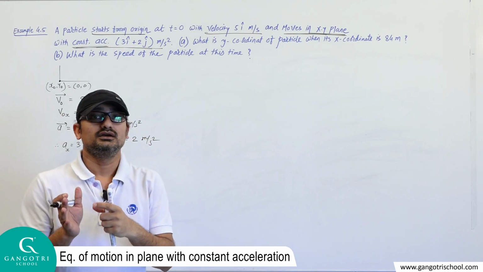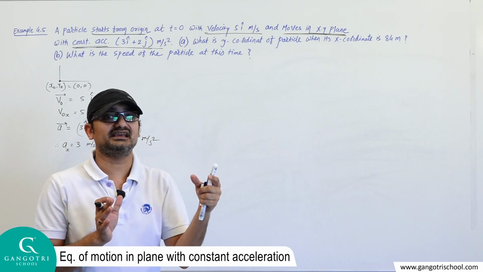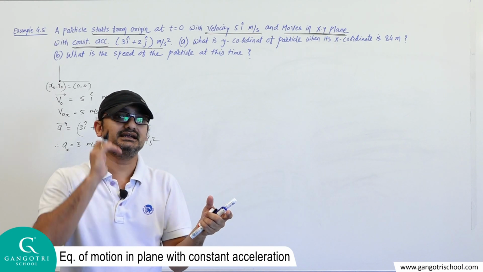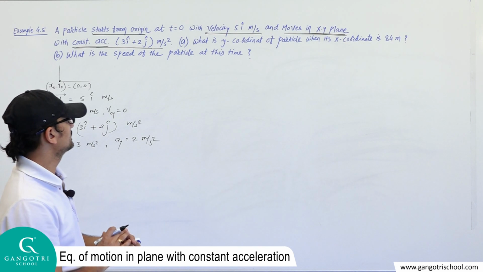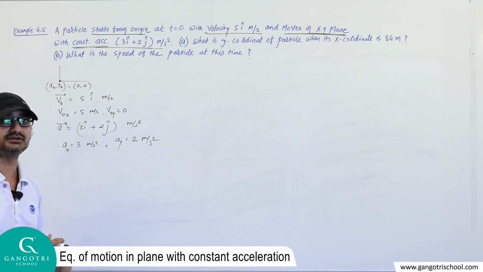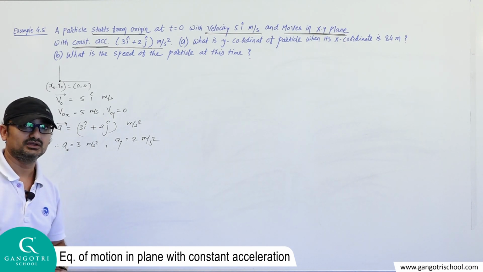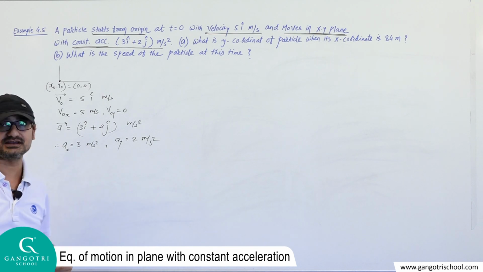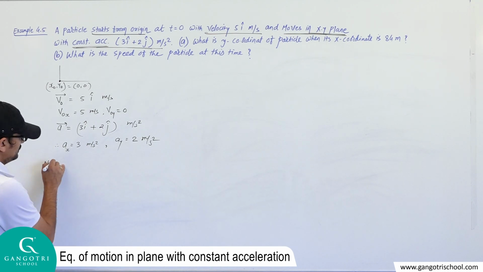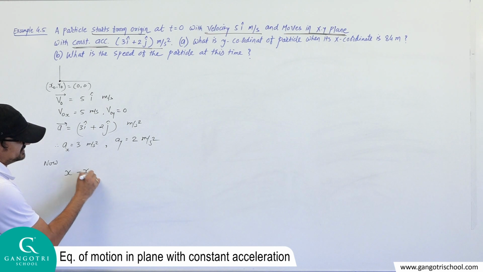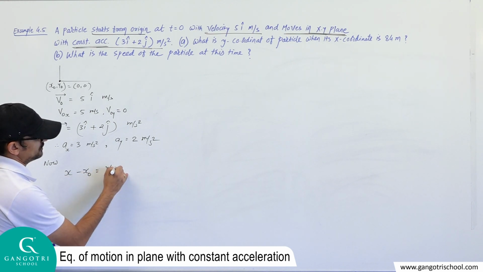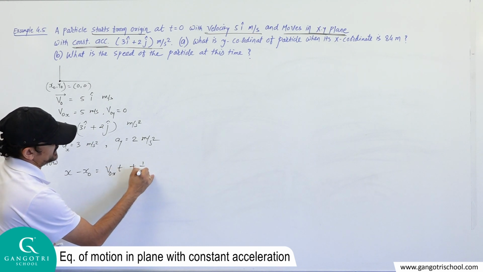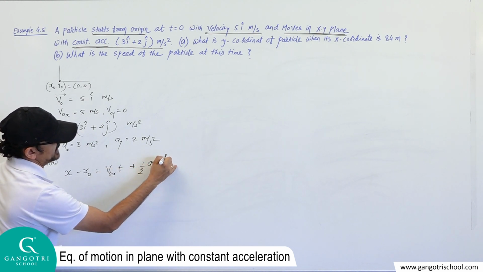It means the x displacement is 84 meter, and at that time what will be the y displacement? Now let's recall the equation of displacement we derived just some time ago. If you want to find the x displacement, final x coordinate minus initial x coordinate gives you x displacement, which is v0x t plus 1 half ax t square.